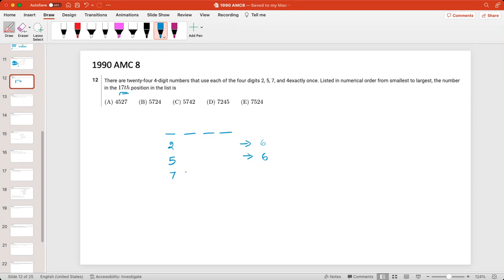So I want the fifth number which starts with 7. Let's try this. I'm going to put 7 here and put the remaining digits in ascending order.